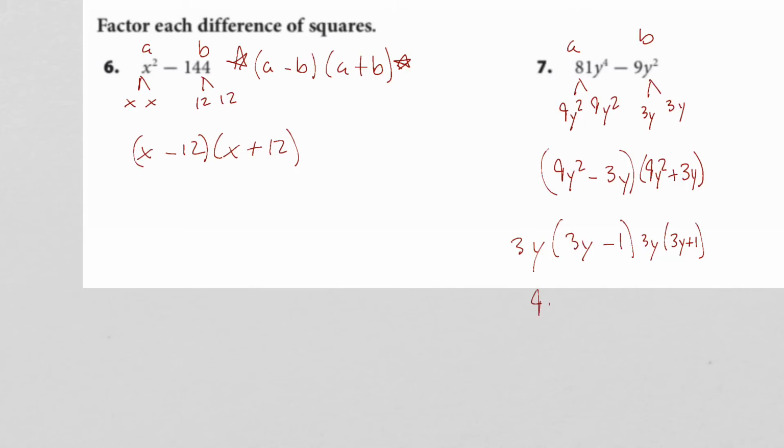And this will simplify to 9y squared times 3y minus 1, 3y plus 1. So this would be as simplified as far as you could take it.